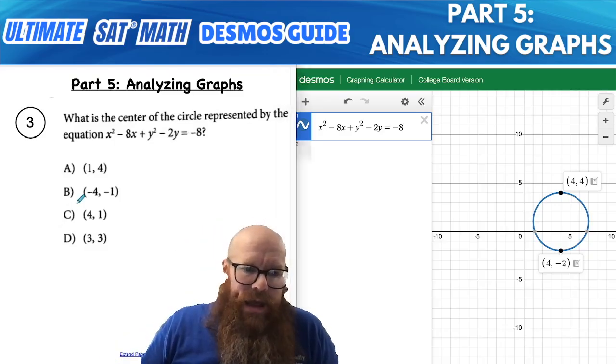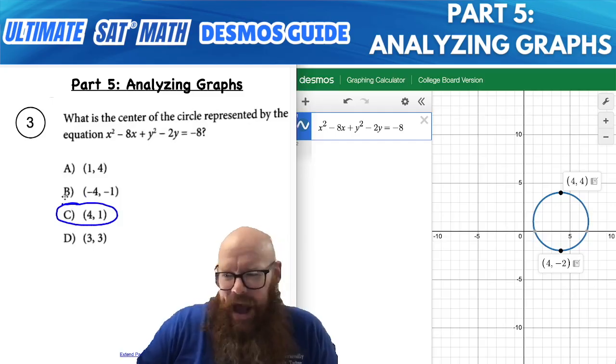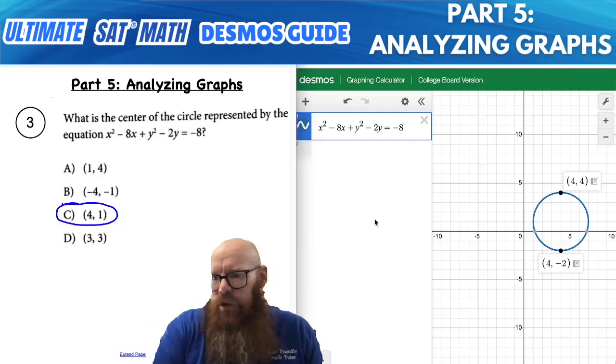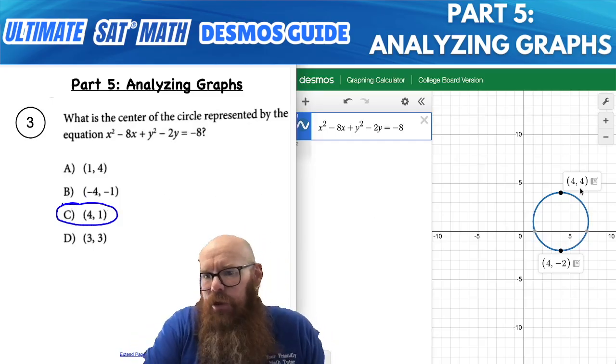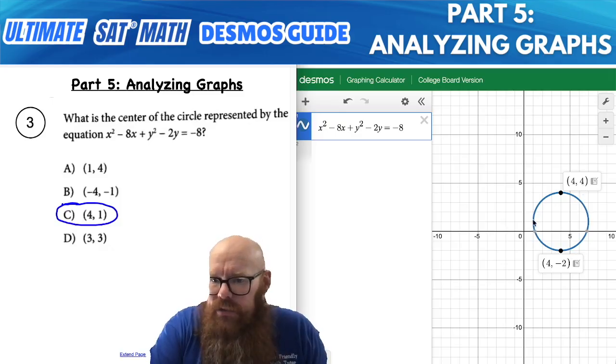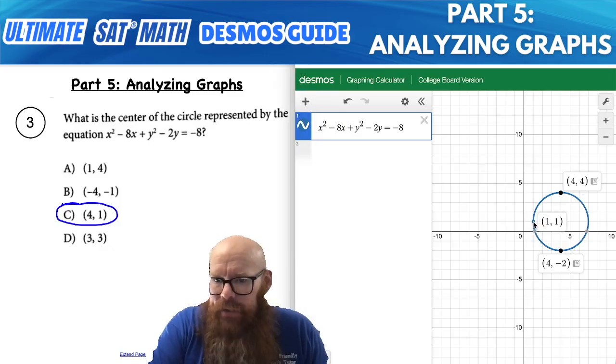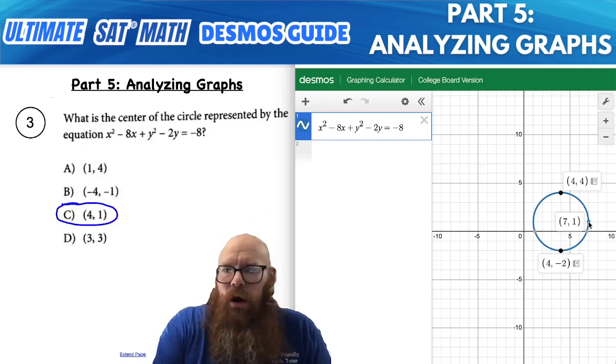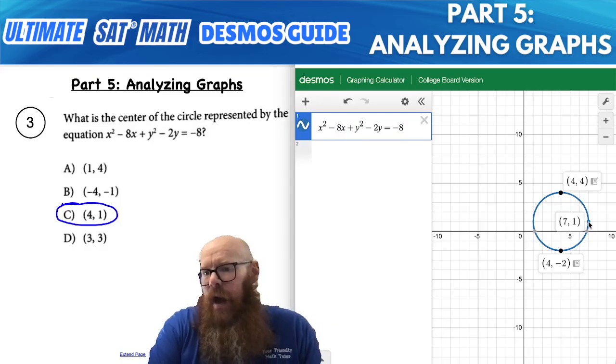And there's only one answer that does, so I've already got the answer. Otherwise, you either find the halfway point of the y's, or you go over here and find the leftmost point is 1, 1, and the right is 7, 1. So those y coordinates in common are 1.